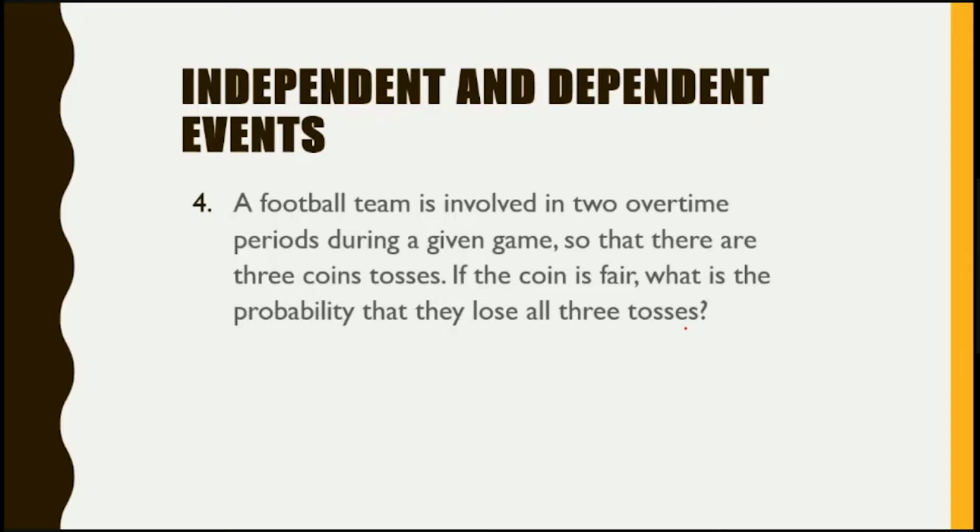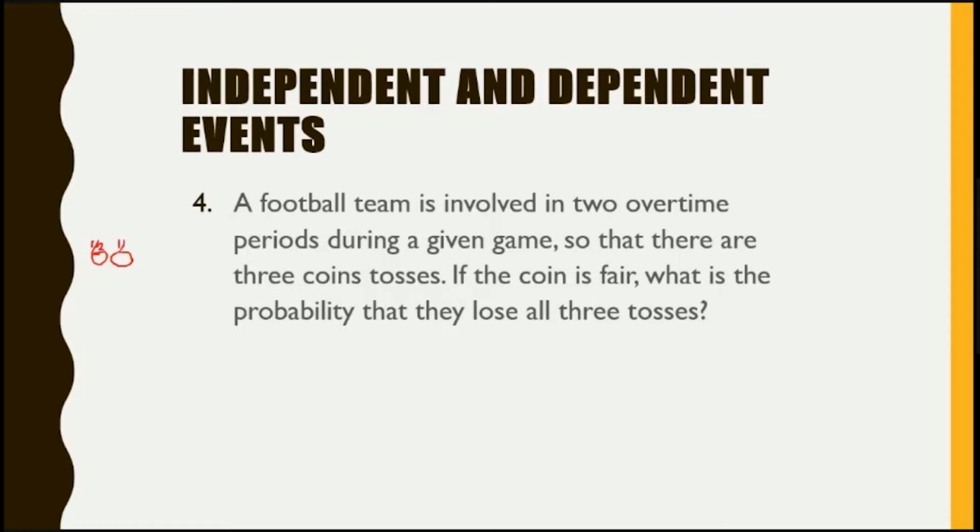Now, since the coin is fair and 3 coins will be tossed, the occurrence of the first coin will not be affected by the occurrence of the second one, because here we have a 1/2 probability.